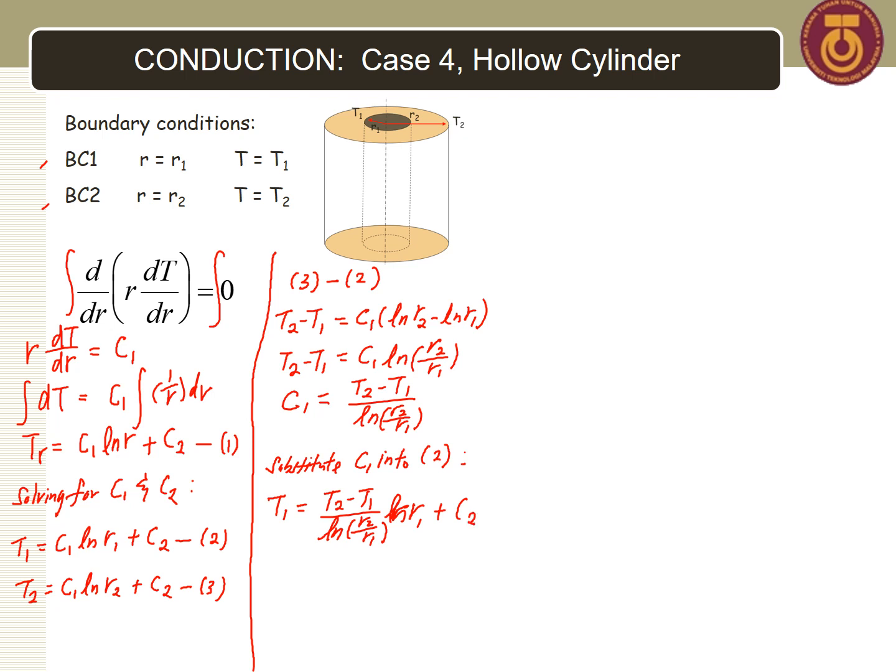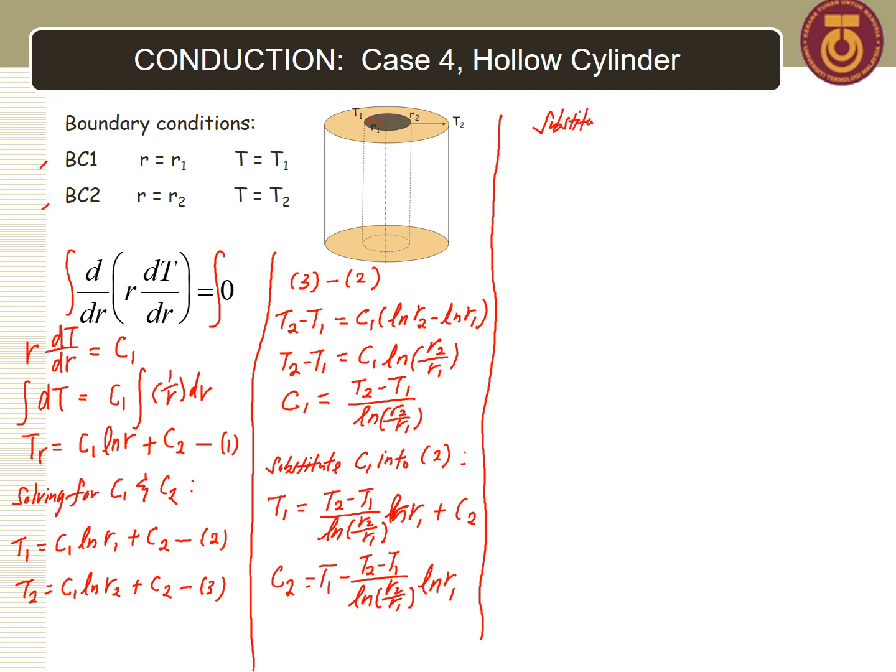Then we will get C2 equals T1 minus T2 minus T1 divided by ln R2 over R1, times ln R1. So now we have solved for both C1 and C2. Next, we can substitute C1 and C2 into equation number 1. That will give us T(r).